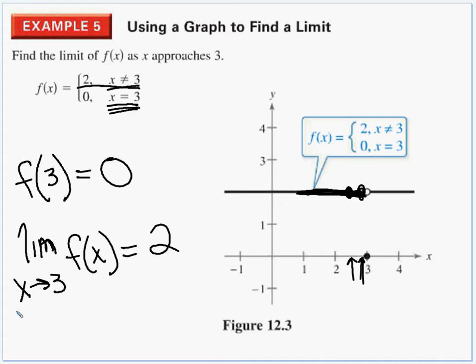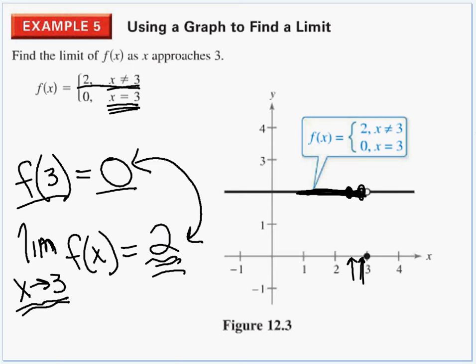So the limit as we approach 3 is equal to 2. f of 3 is 0, but as we approach, it's equal to 2. So a function can be defined at a very different number than as we approach.